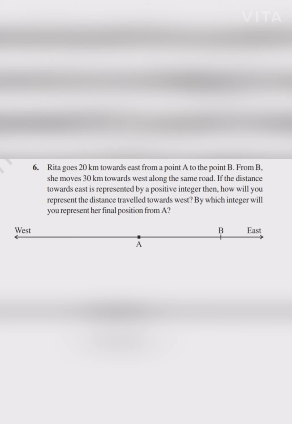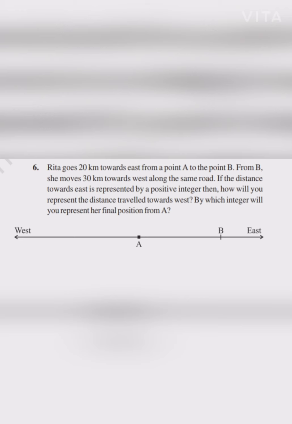It means that a girl whose name is Rita moves towards the point A by 20 km to the point B. From B, she moves 30 km towards west along the same road.